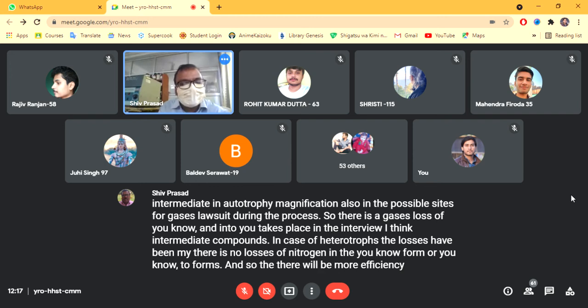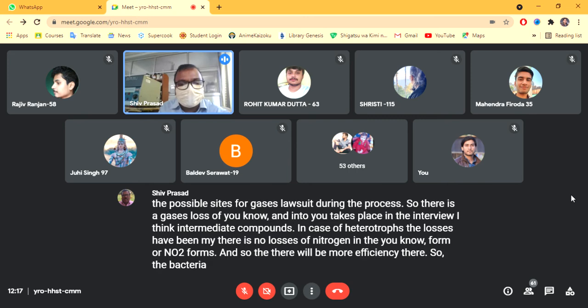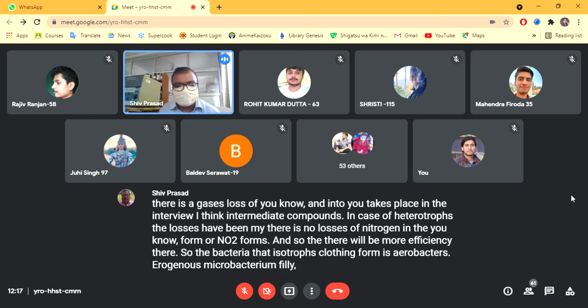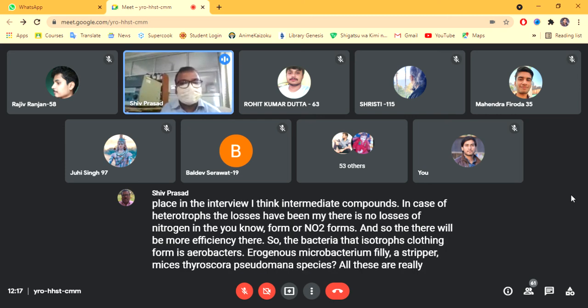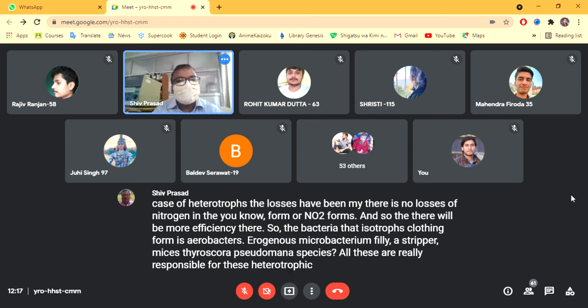The bacteria Arthrobacter, Aerobacter aerogenes, Mycobacterium phlei, Streptomyces, Thiosphaera, and Pseudomonas species are mainly responsible for heterotrophic nitrification.